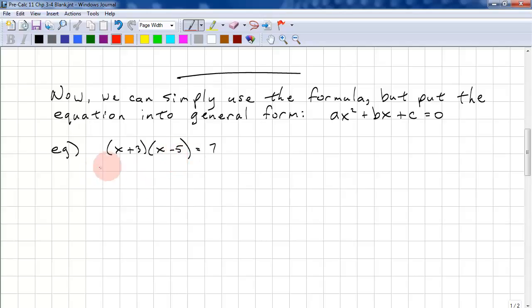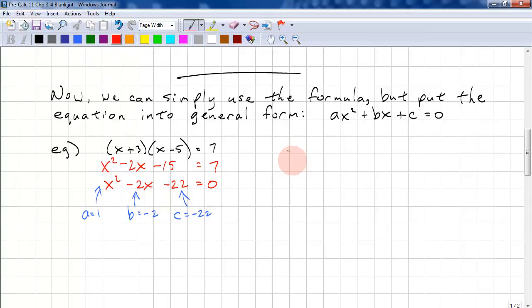So let's expand this. x squared minus 2x minus 15 equals 7. Bring the 7 over the other side, becomes negative 7. So we have x squared minus 2x minus 22 equals 0. So a is implied to be 1, b equals -2, c equals -22.